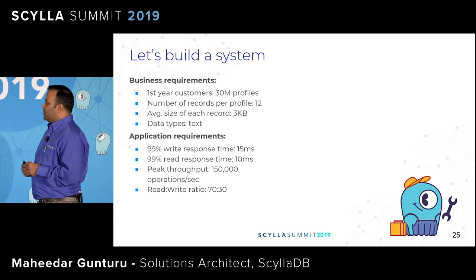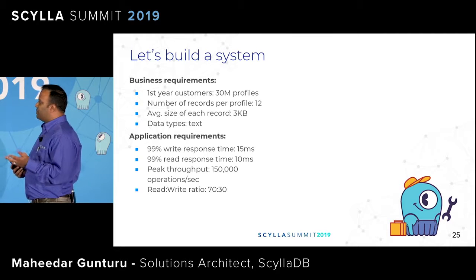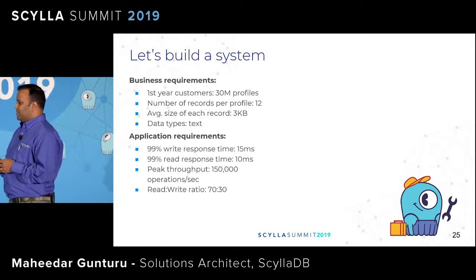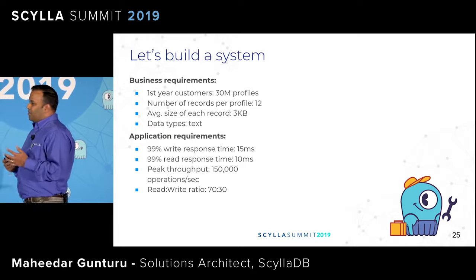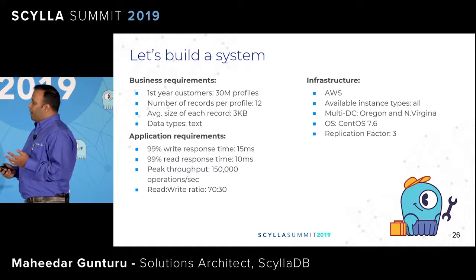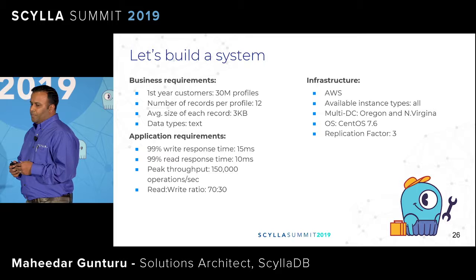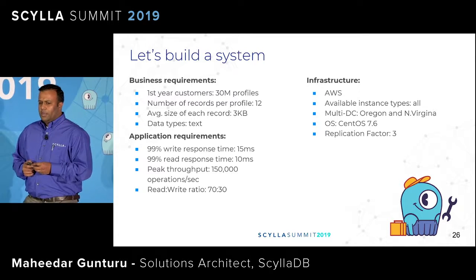Typically our peaks are somewhere around 130,000 to 150,000, and our read to write ratio is somewhere around 7:3. We also have a lot of requirements around using cloud infrastructure, and cross-region requirements.